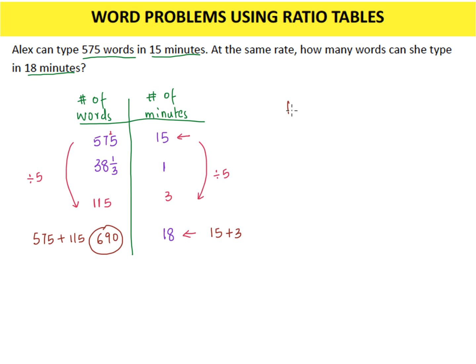So in 18 minutes, Alex can type, I can talk faster than I can write. Alex can type 690 words.